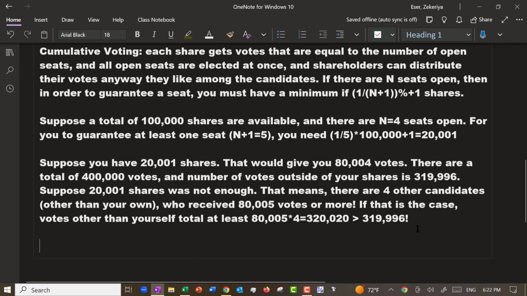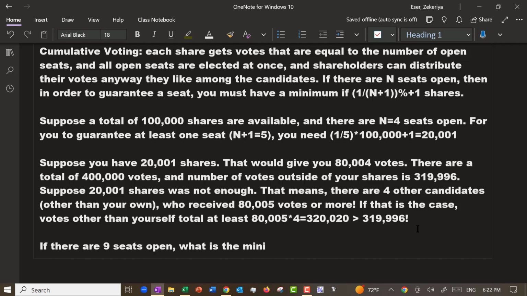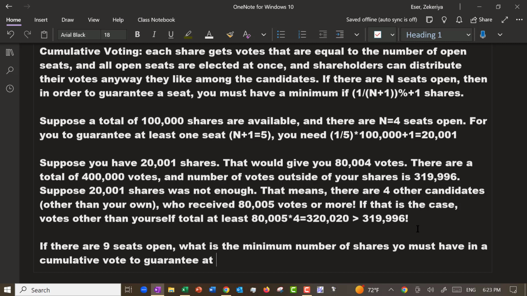So if there are 9 seats open, what is the minimum number of shares you must have in cumulative voting to guarantee at least one seat?